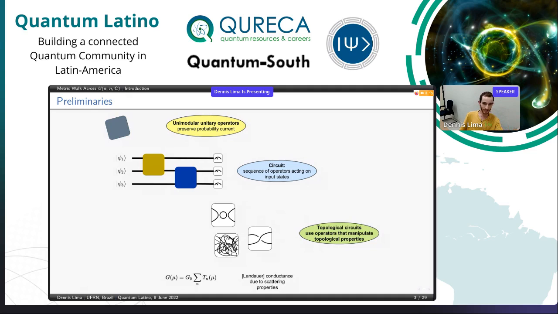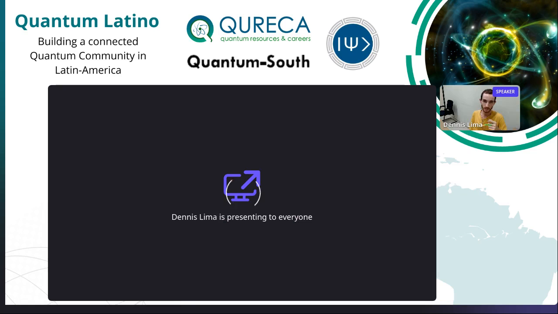In real life, we have things like this: a random link, a random knot. So we can apply these operators and try to extract topological properties through conductance. In this case, conductance that is related to the transfer matrix. This is to say, it's related to the scattering properties of our systems.